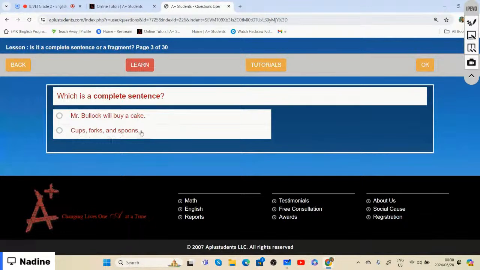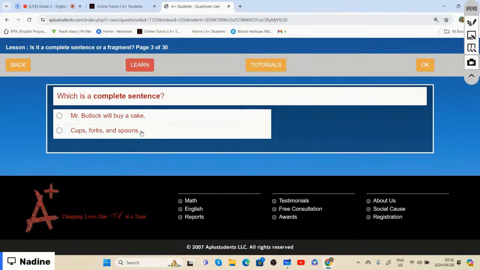Which option is correct? So option one or option two?